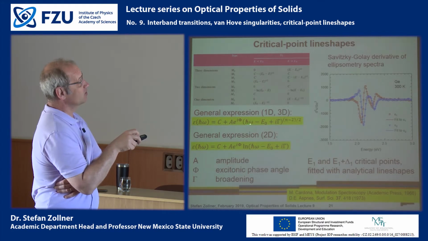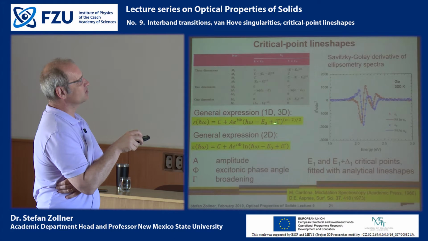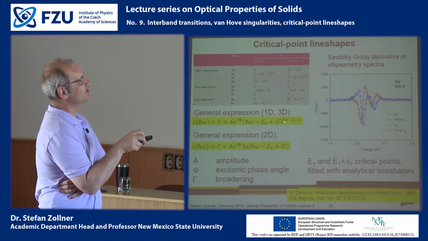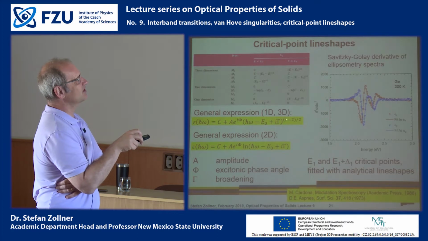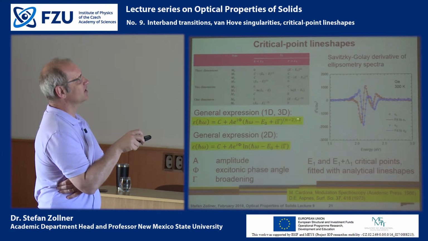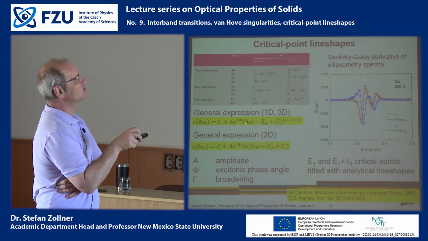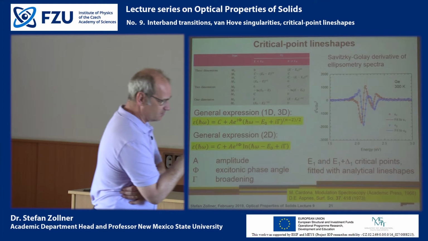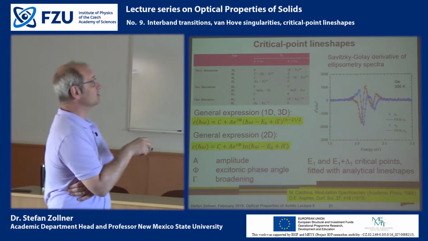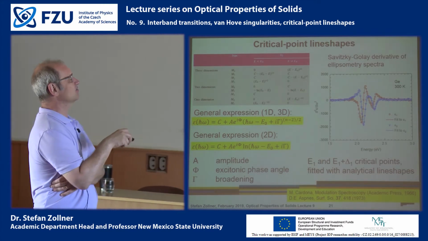For a 3-dimensional critical point, we expect a square root-like onset. If n, the dimensionality, is 3, then I have (3 minus 2) divided by 2. So I'm getting the expected square root-like onset.